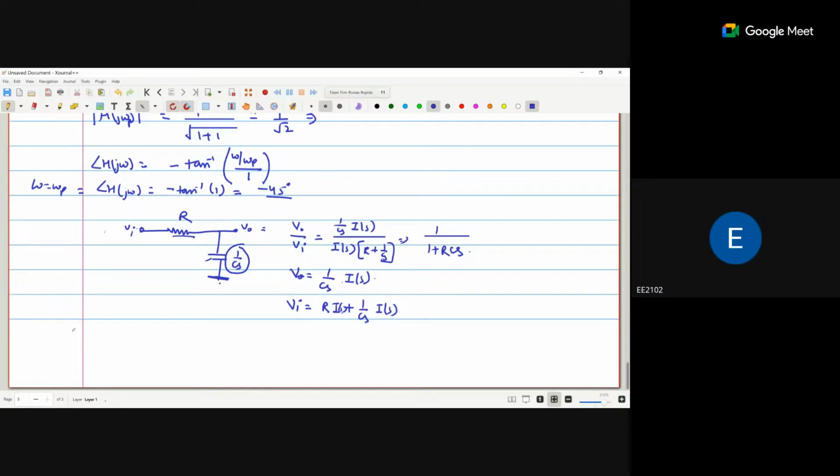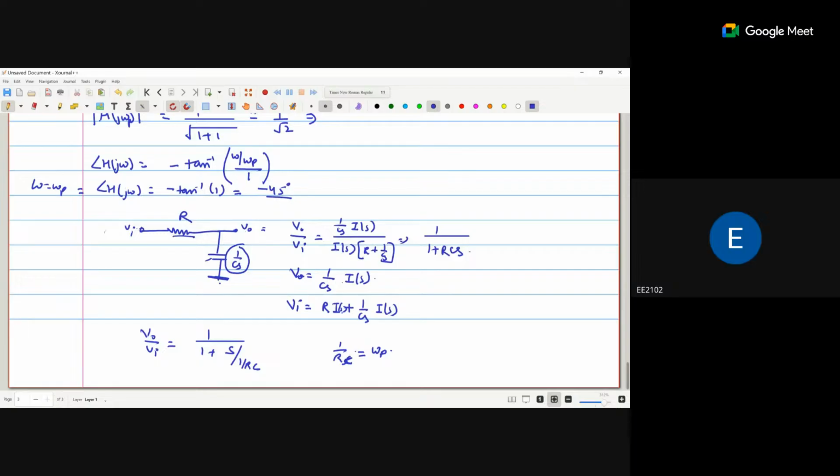Now Vo upon Vi is equal to 1 upon 1 plus s upon (1 by RC). So what is 1 by RC? It is ωp.